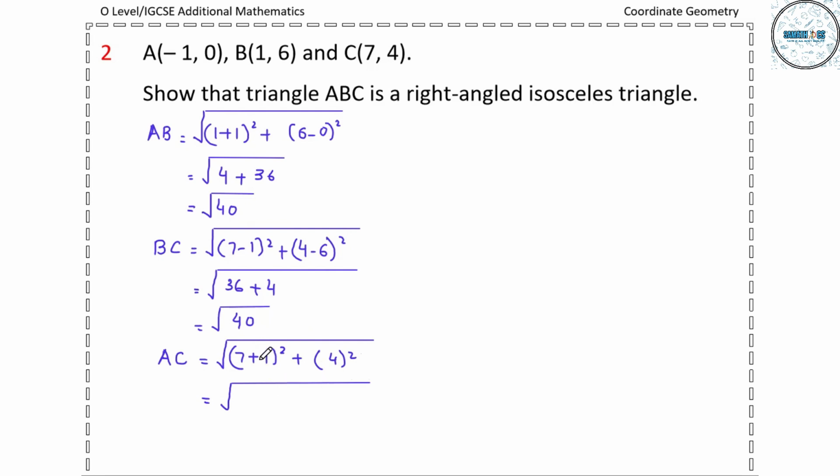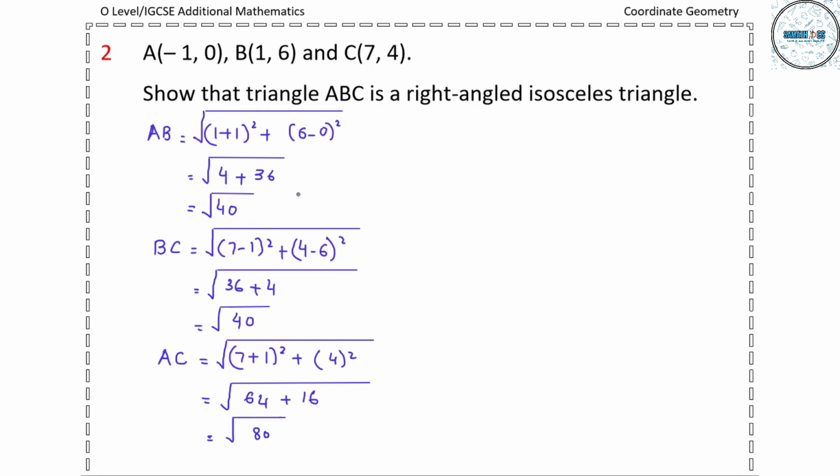So we have here 7 plus 1 is 8. 8 square is 64 plus 4 square is 16. So finally, we have square root of 80.